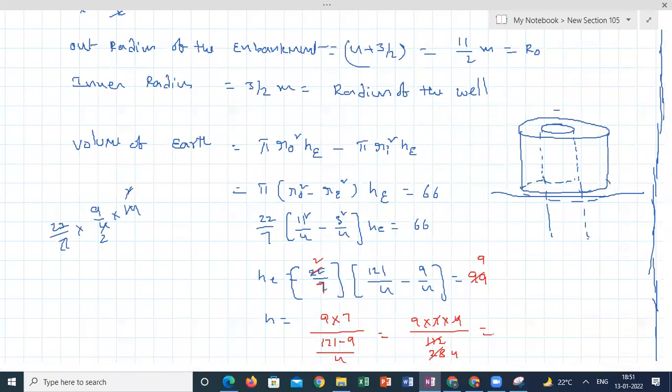Let me know what answer you are getting. I'm getting 9 by 4. 9 by 8 should come. Students, Sanyu, anyone? Harita? Will you check the answer one more time?